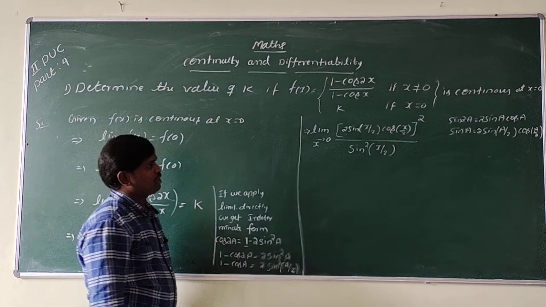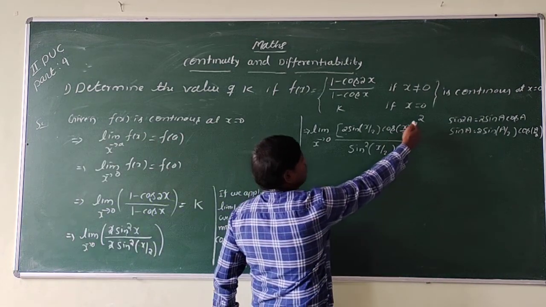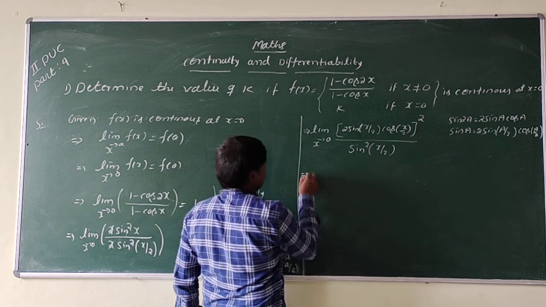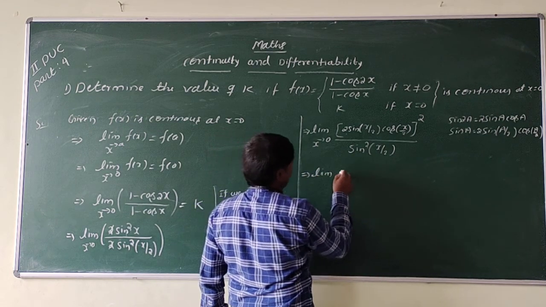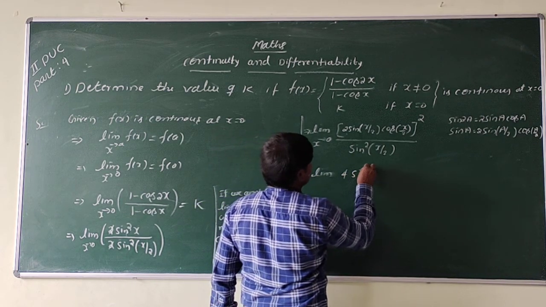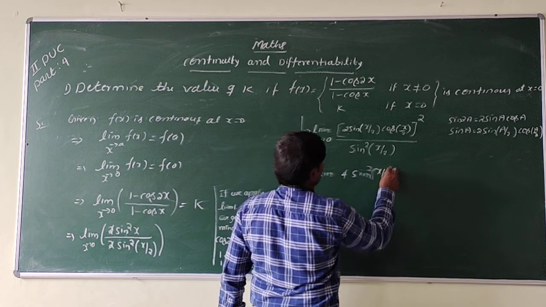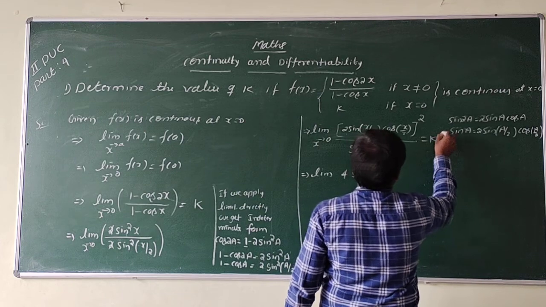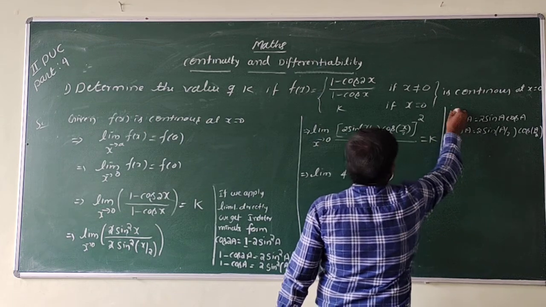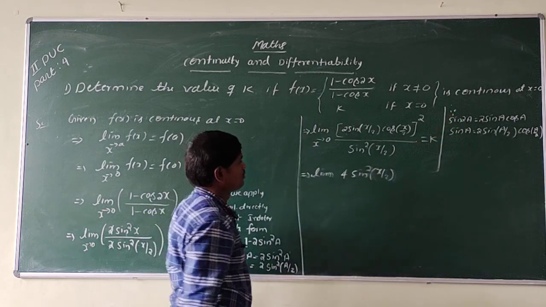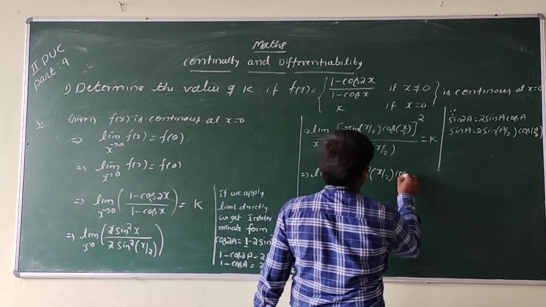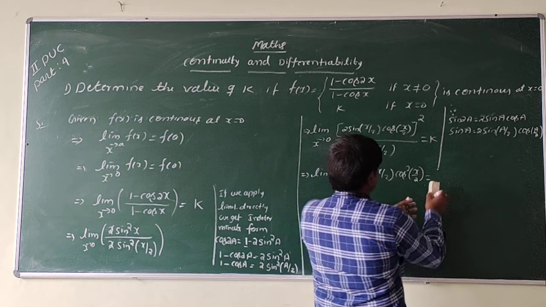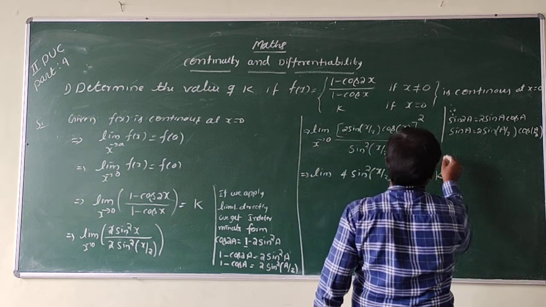Is it clear? Here the square is there, so we take it inside. That implies the limit of 4 into sin square x by 2 into cos square x by 2 over sin square x by 2. Here k is there, right? Don't forget, here k is there, and it is equal to k.